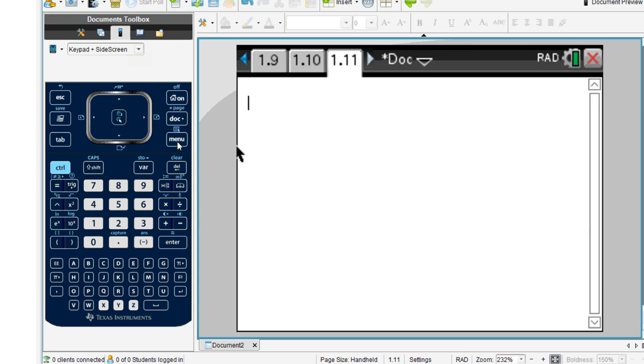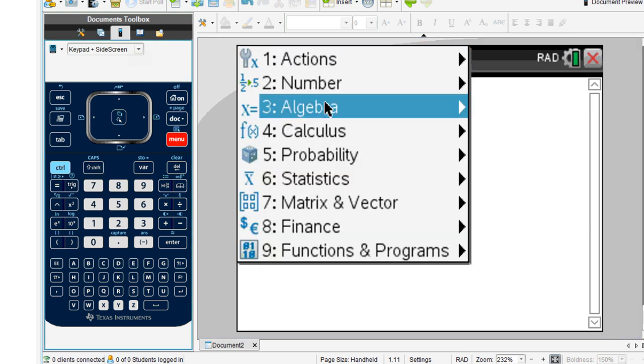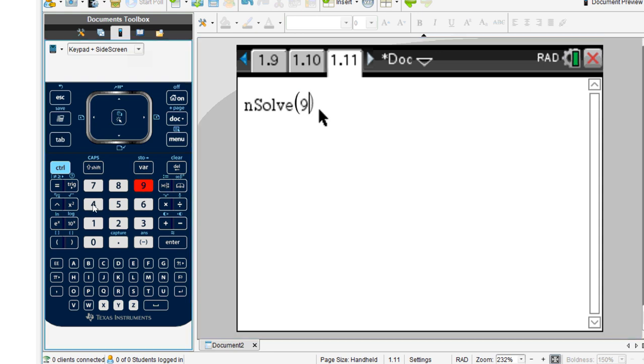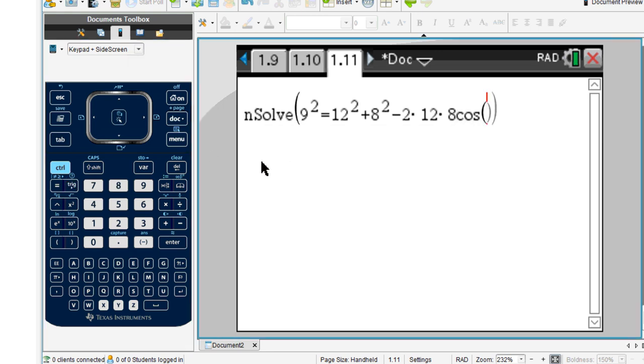Okay. We're going to go to menu 3.1. Numerical solve, and for that we're going to have 9 squared equals 12 squared plus 8 squared minus 2 times 12 times 8, and we're going to have cosine of x.